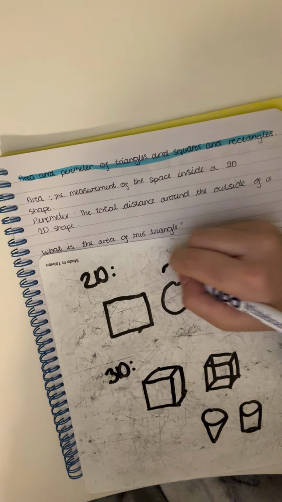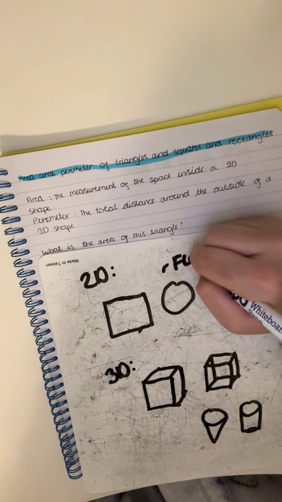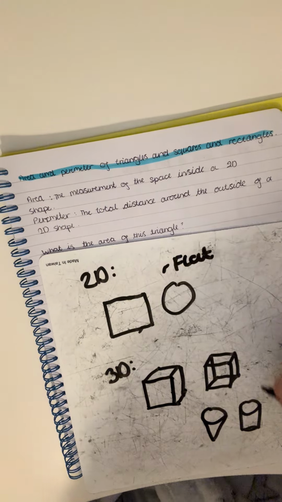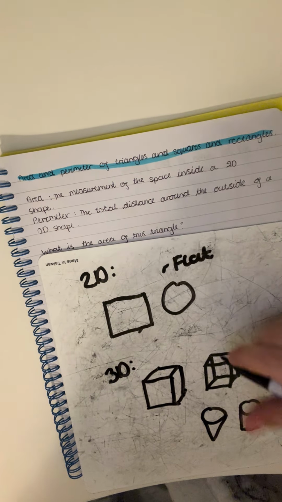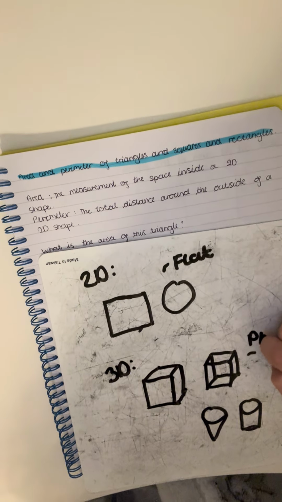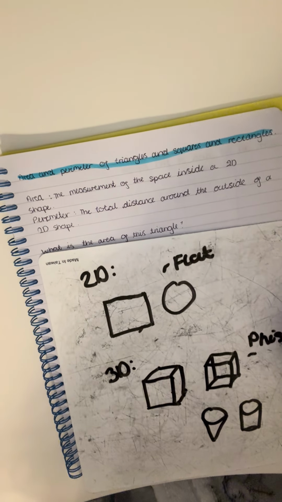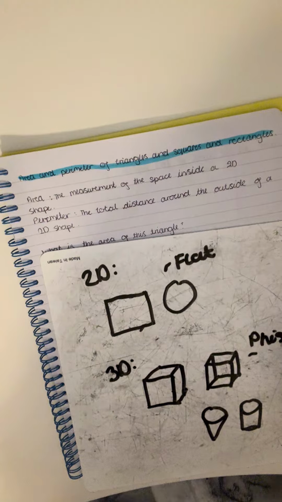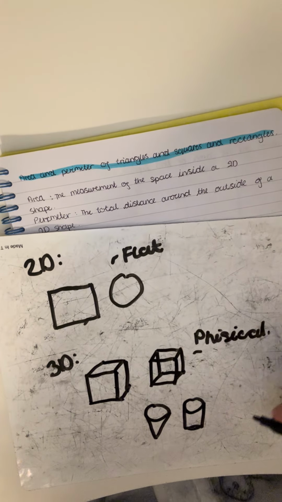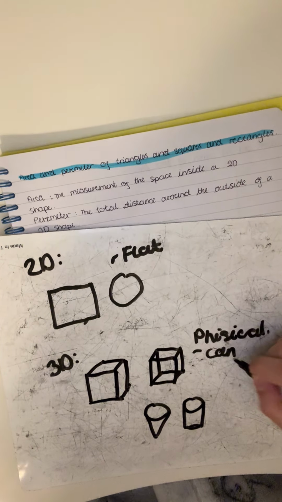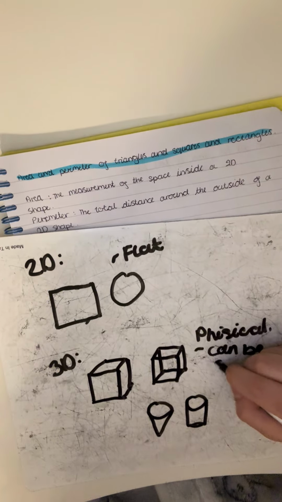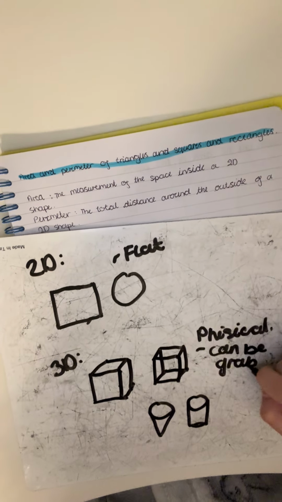Quite literally, that's the only difference between a 2D and a 3D. 2Ds are usually flat, and 3Ds are physical objects you can grab, physical, can be grabbed.